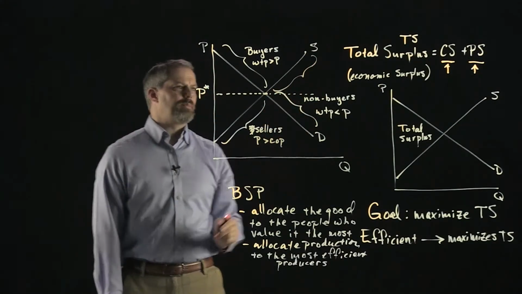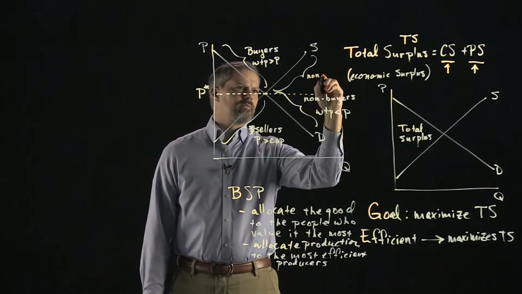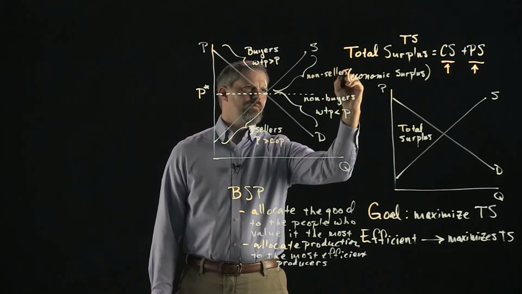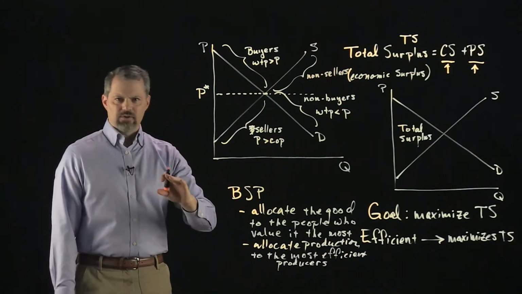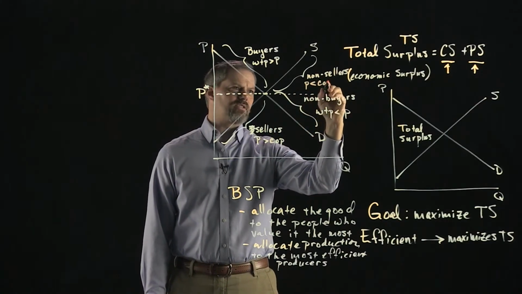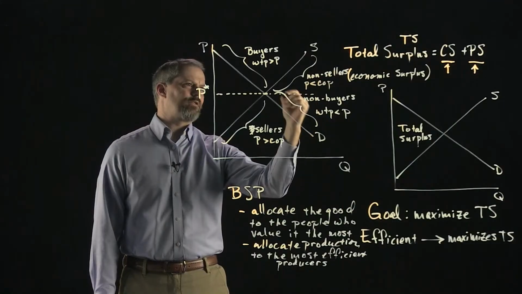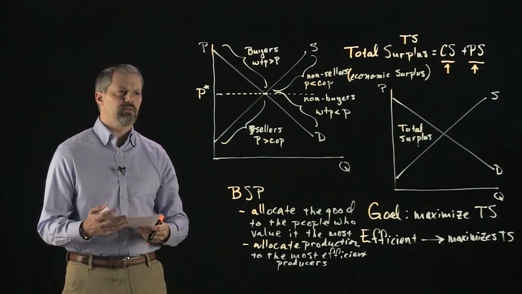These people out here are the non-sellers. They choose not to sell, not because the government told them they couldn't, but because the price is less than their cost of production. Here's how much they can sell it for. Here's what it would cost them to produce the good.